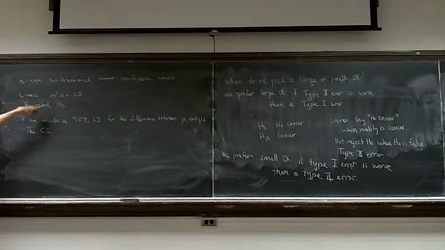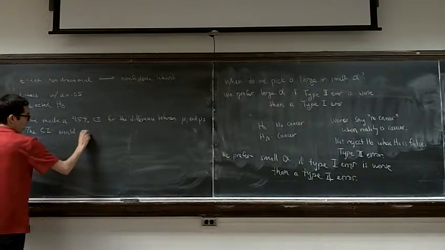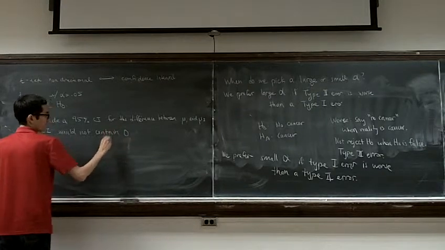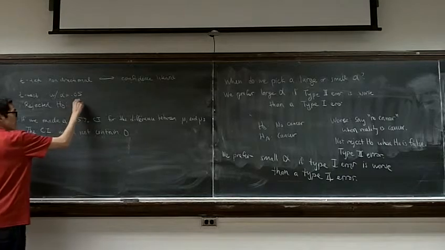So we rejected the null here with alpha 5%. So our 95% confidence interval would not contain 0. Okay, so rejecting the null means we have evidence of difference, right?